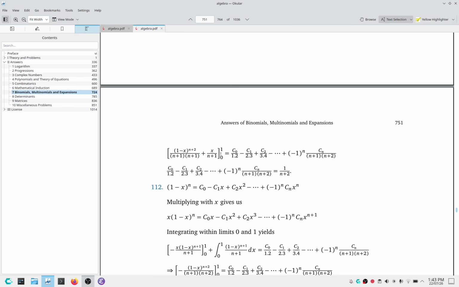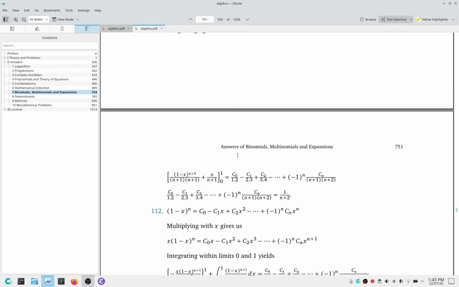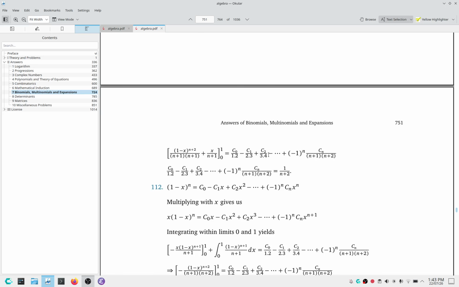This is between limits 0 and 1, and right hand side becomes C0 x square upon 1 times 2, then minus C1 upon 2 times 3, you put x is equal to 1 here, and C2 upon 3 times 4, x cubed, which will also become 1, and so on. So right hand side is equal to left hand side, and upon evaluating the limit, it becomes equal to 1 upon n plus 2.